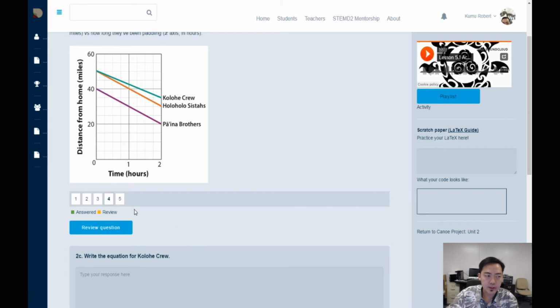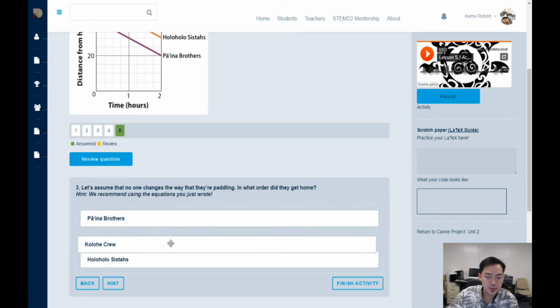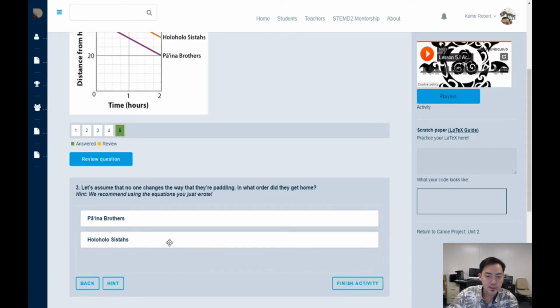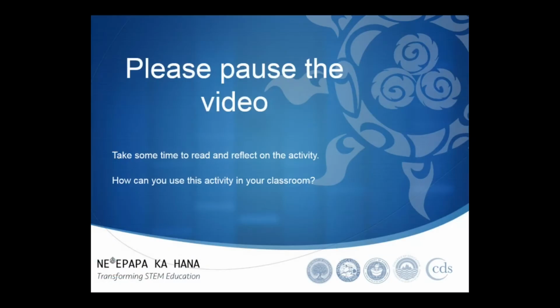And then they need to find out the order. Over here we need to rearrange the 3 canoe clubs into the order that we think that they came home. Although we may not explicitly ask for it, we want the students to interpret both the y-intercept and the x-intercept. That's it for this activity. Please go ahead and take some time to read and reflect on it.